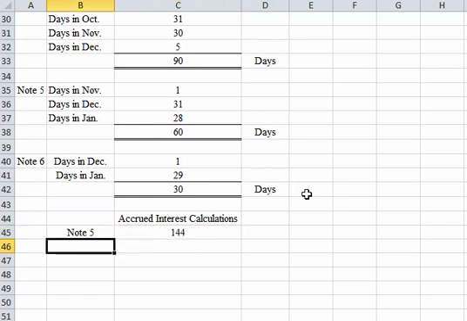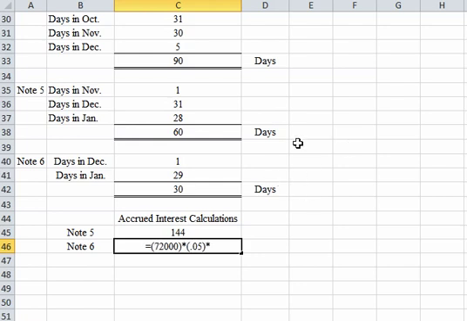Okay, let's do the same thing for note 6. Note 6, the face amount is $72,000 times the interest rate on note 6 of 5%, times how many days of interest were earned on note 6 in year 1.